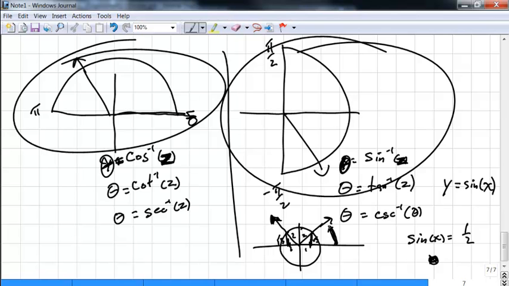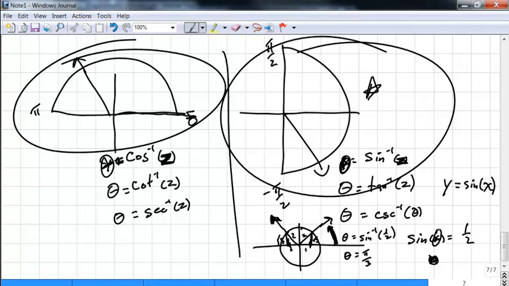But specifically, this angle that's in this part right here, between negative pi over 2 and pi over 2, is theta, which is arc sine, or inverse sine, of 1/2. It's a specific one. Well, we know what it is, right? It's specifically pi over 3, 60 degrees. But of course, that's not the only solution.